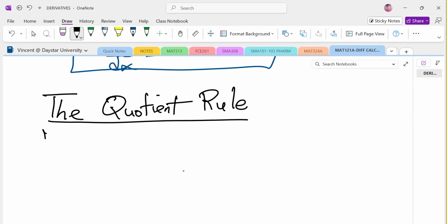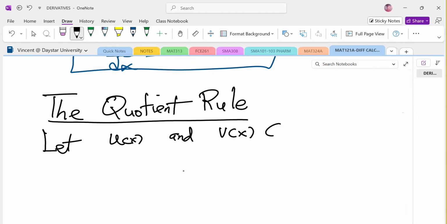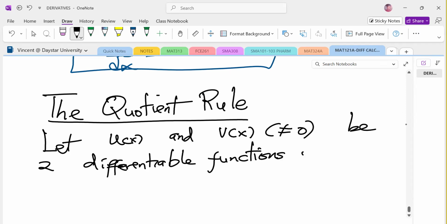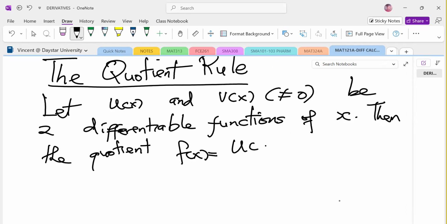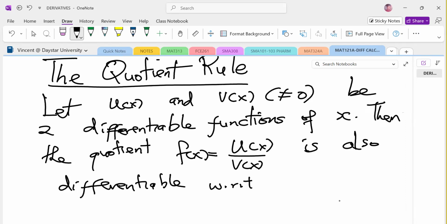It says that if we have two functions u of x and v of x, two differentiable functions of x, then the quotient f of x given by u of x over v of x is also differentiable with respect to this variable x.